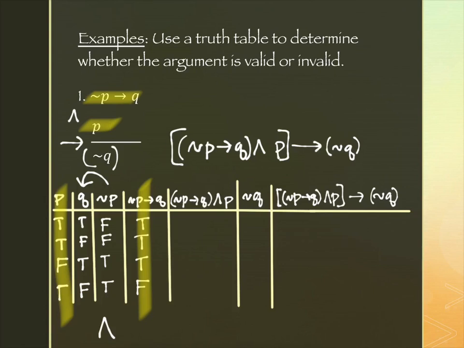So on row 1 and row 2, they're both true. So these are both true statements. But rows 3 and 4, sorry, I don't know where that F went. That should say false. Rows 3 and 4 both have false statements in my P column. So since it's an and statement, that's enough to make the result false.